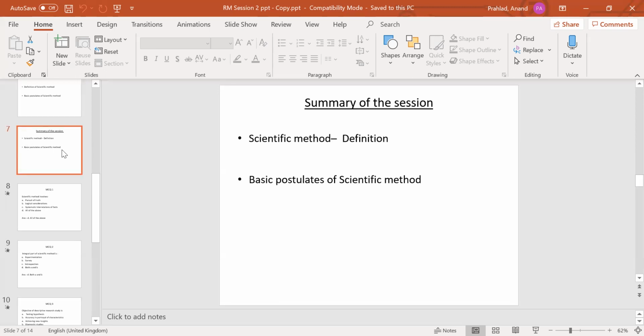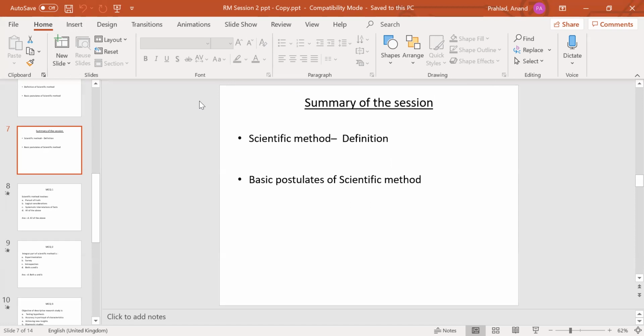So, in this session, we have learned the meaning of the term scientific method. Scientific method means we pursue or seek truth in a logical manner. And how do we seek truth? Through experimentation, observation, and logical analysis. So what are the basic postulates of scientific method?